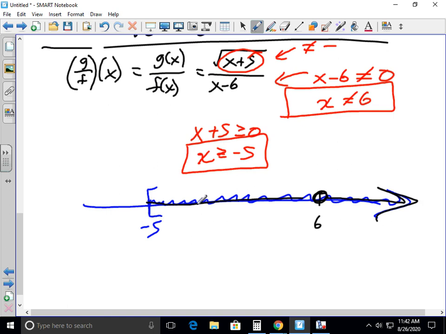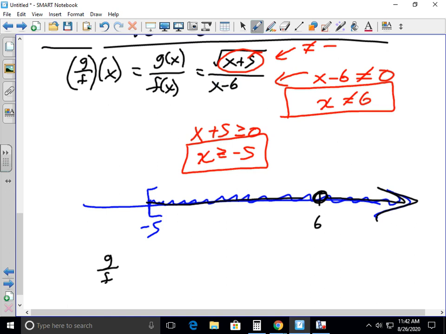It's numbers that are bigger than or equal to -5 so that this is positive or 0. But when we get to the number 6, that's a problem. 6 is okay up here. We can take the square root of 11, but 6 is not okay here. 6 minus 6 is 0.